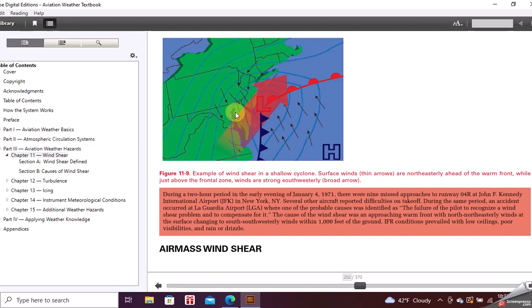I have seen times where there's 70 and 80 knot southerly winds at 1,000 feet off the surface. So I hope you're anticipating that when you're lifting off to a north wind. You're taking off towards that north wind and all of a sudden you're going to shift and have a southerly wind, a tailwind of 60 and 70 knots, maybe at 1 to 2,000 feet off the ground.